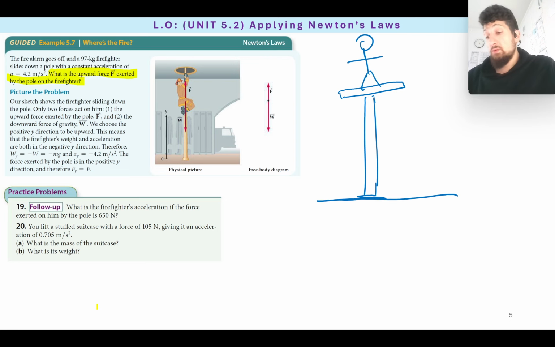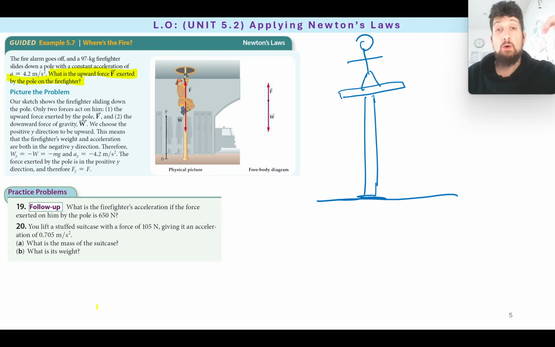If I ask you, what is the upward force exerted by the pole on the firefighter this time? What I'm saying is, what is the amount of force that the pole is carrying? What is the amount of force that the pole is withstanding? How much is the pole taking?